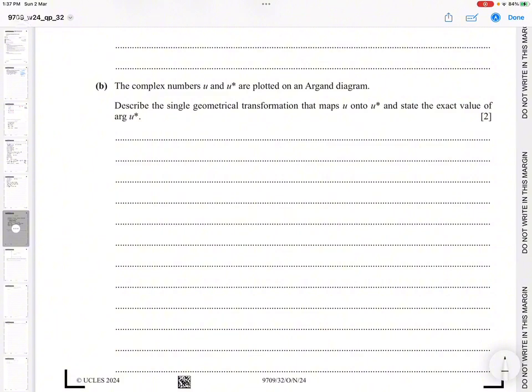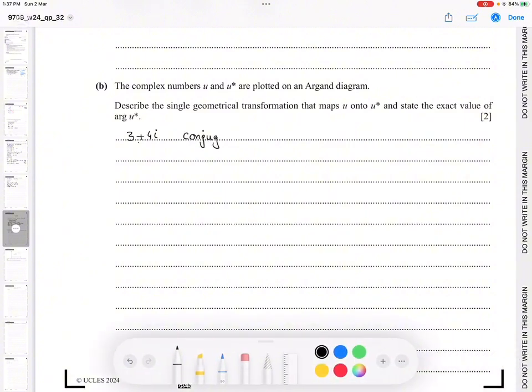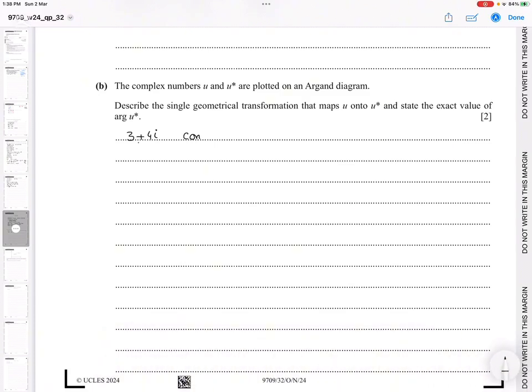For example, the conjugate of 3 plus 4i would be 3 minus 4i.